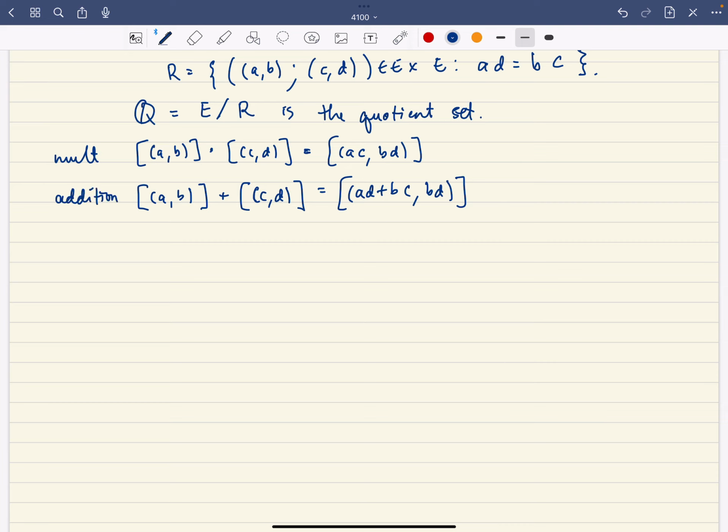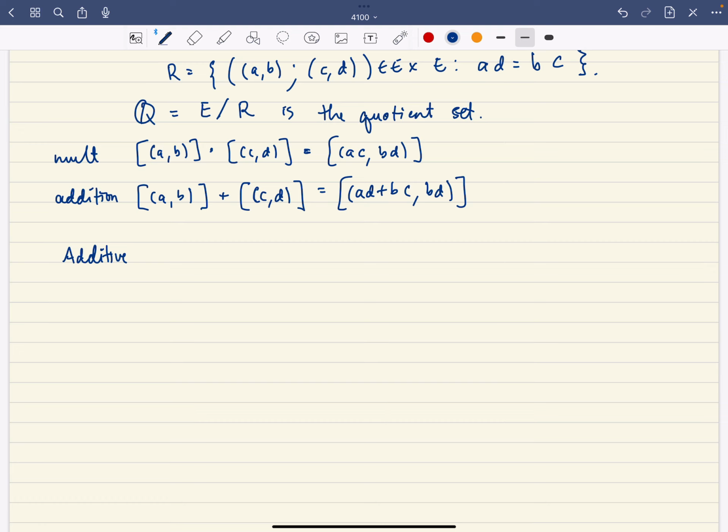Then we talked about a few other things in class. I'm not sure how far we got, so let's review a little bit. We talked about the fact that when you think of the rationals this way, they are closed with respect to addition and multiplication.